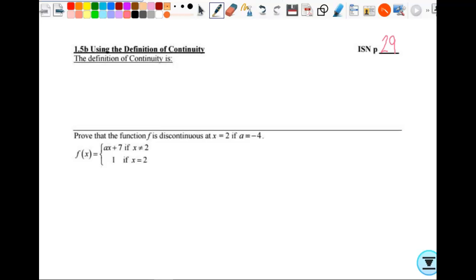Okay, so we're going to narrow down this definition. We have it written all fancy on the other one, but what this boils down to is: one, the point exists. Let me actually write the word. Point exists. Limit exists.